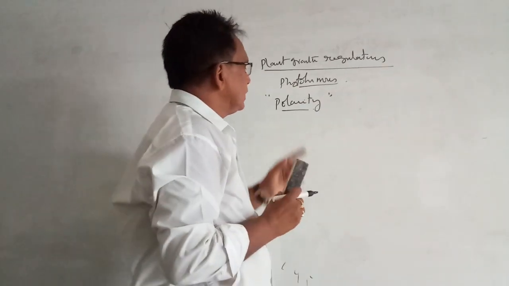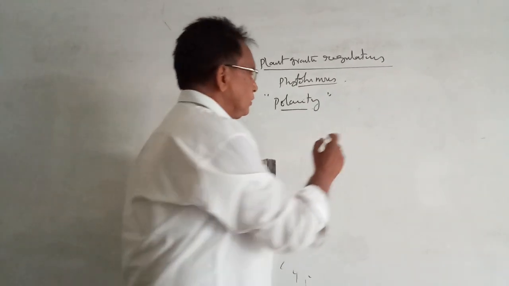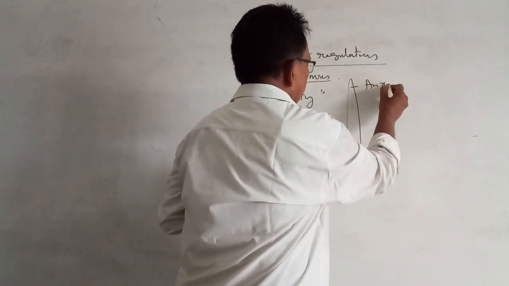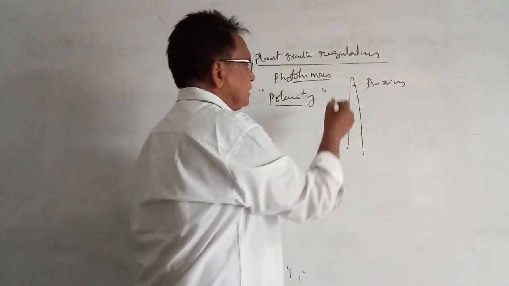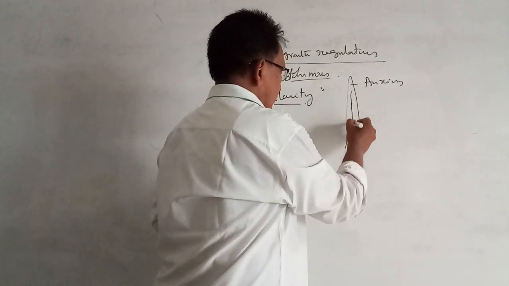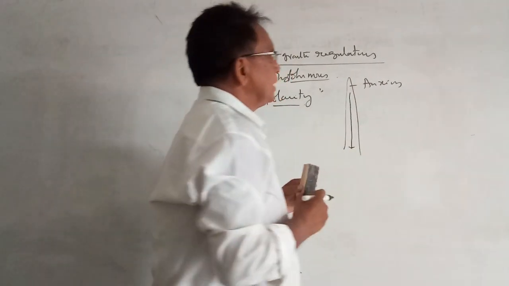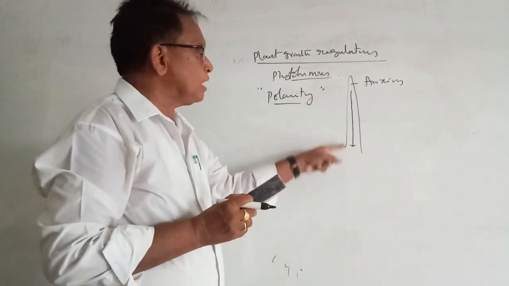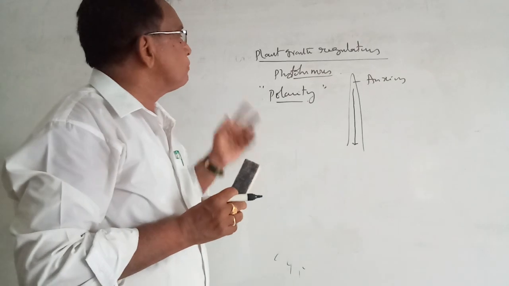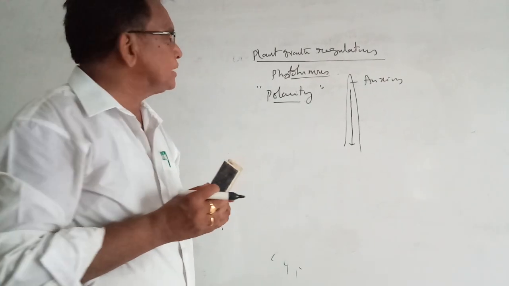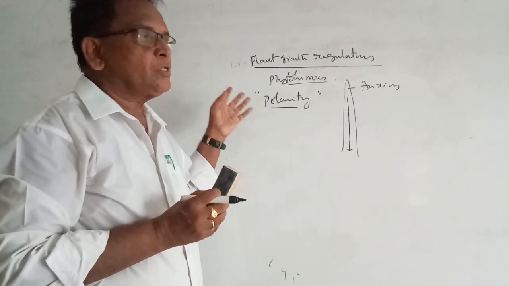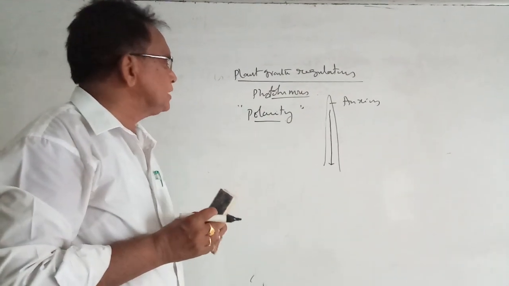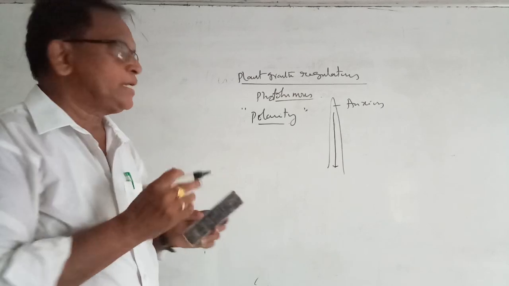On the basis of this polarity, if we take the stem tip, the auxins which are produced from the stem tip move in a basipetal manner and reach the basal regions of the plant body. This is called polarity. So the movement of plant growth regulators inside the plant body also comes under this transport, and this phenomenon always takes place by means of polarity.